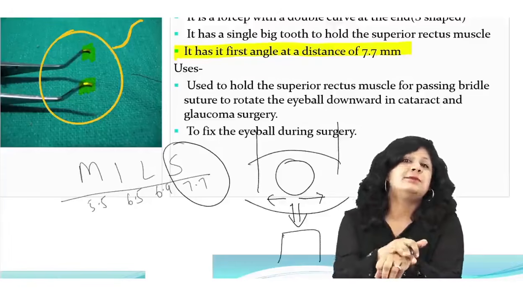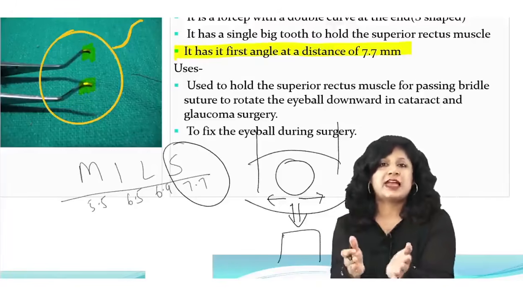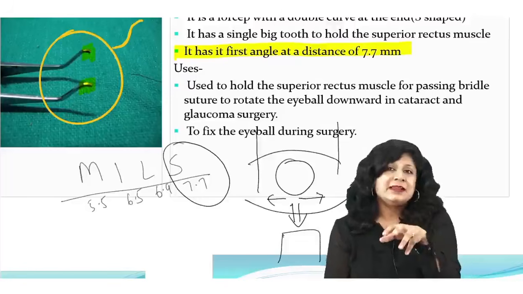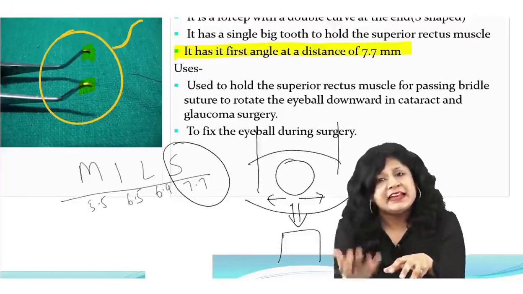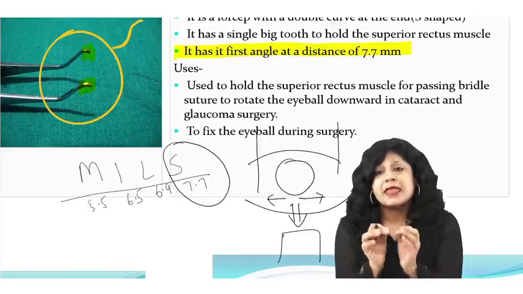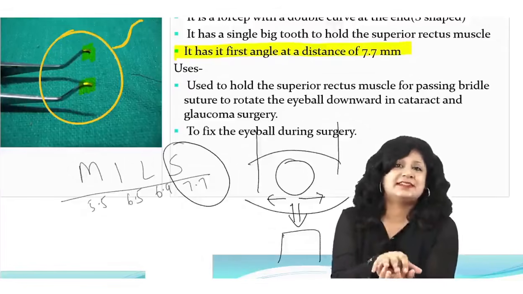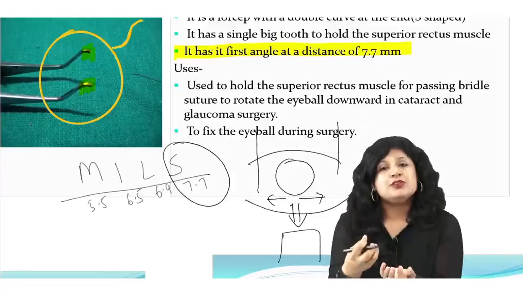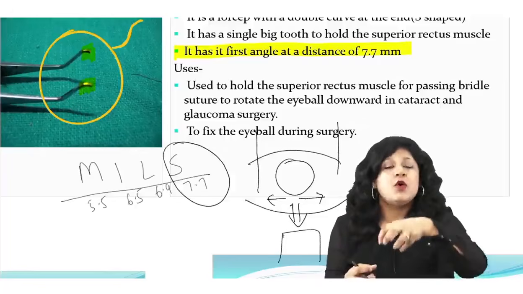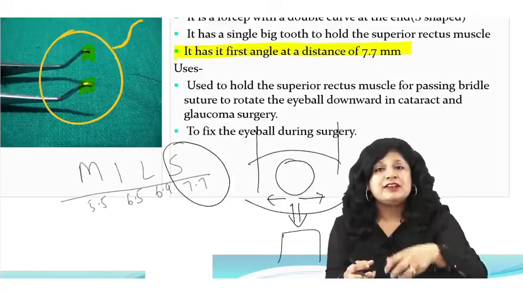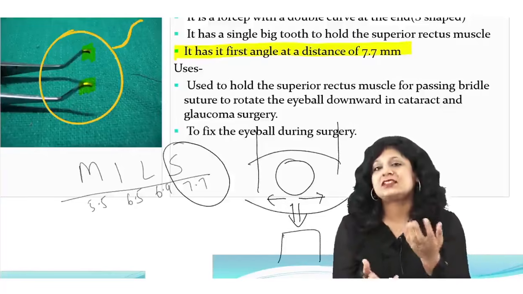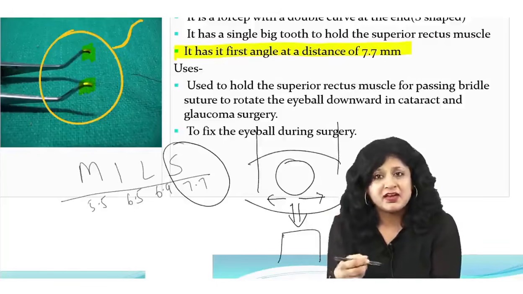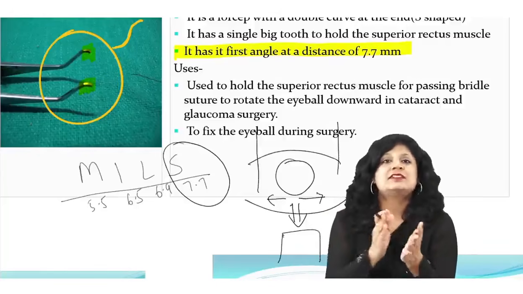So for that purpose I will use it, not only for cataract but also for glaucoma surgery. Then another important thing is, when you are doing any other surgery, you may require stabilization of the eyeball. The moment you want to do anything over the eye, the first important challenge is stabilization, because you cannot manipulate or do anything over an eyeball which is not stable.